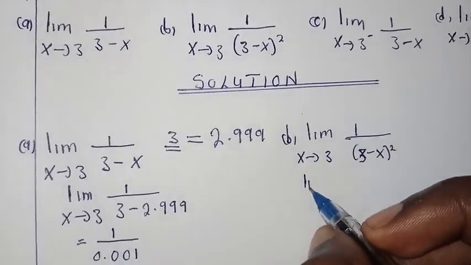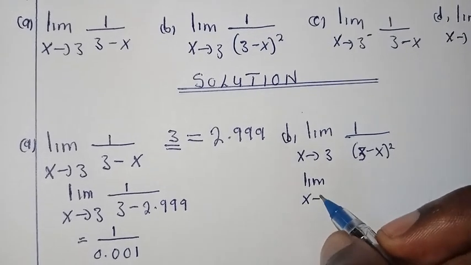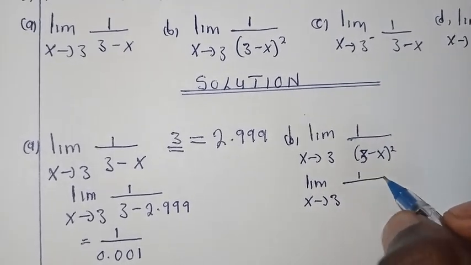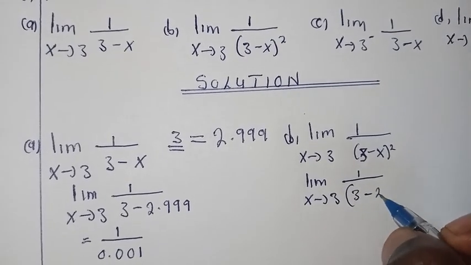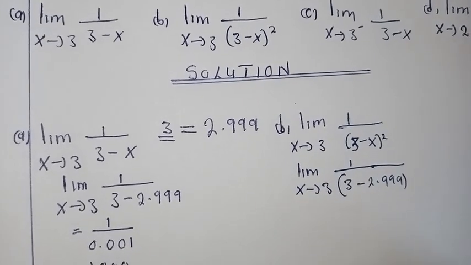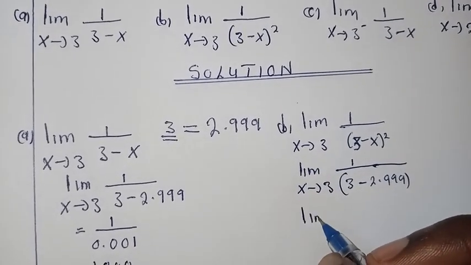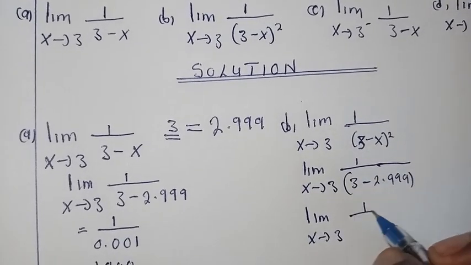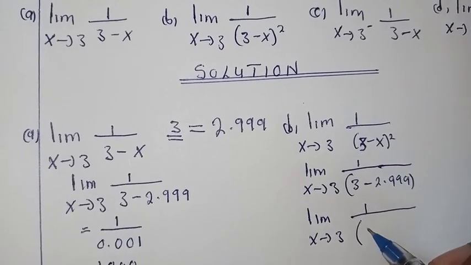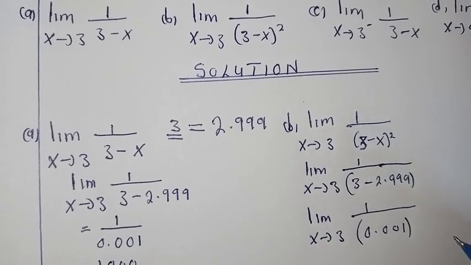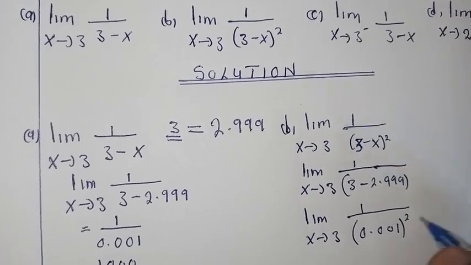This is just the same as limit as x is approaching 3, then we have 1 over 3 minus 2.999, like that. From here, we're going to have the limit as x is approaching 3 of 1, then we're going to have something like 0.001 to the power 2.